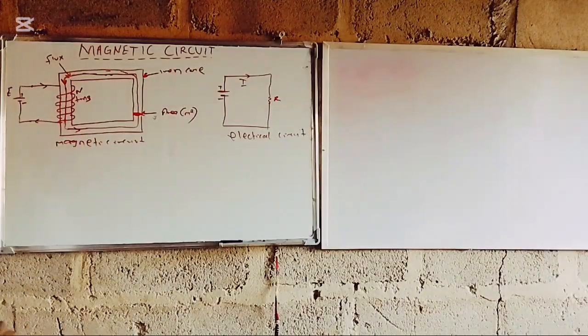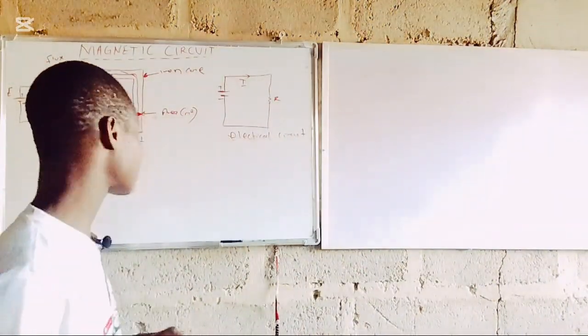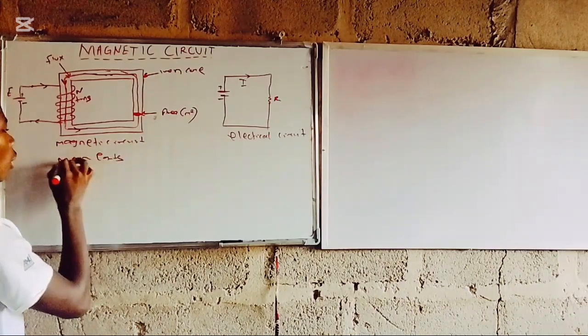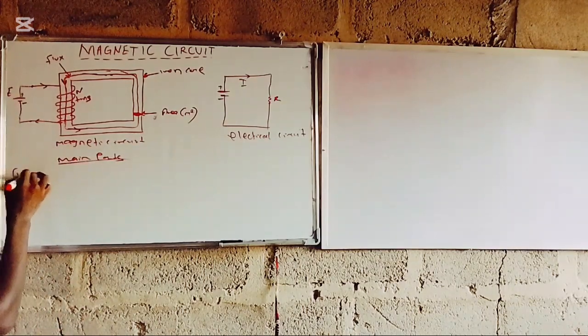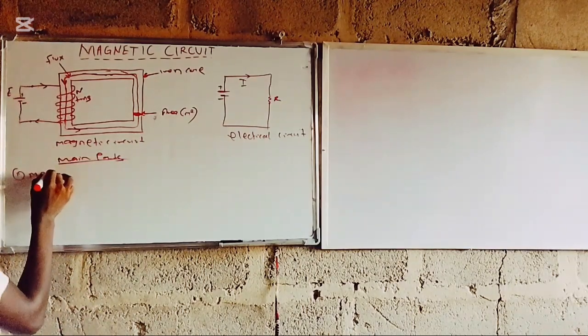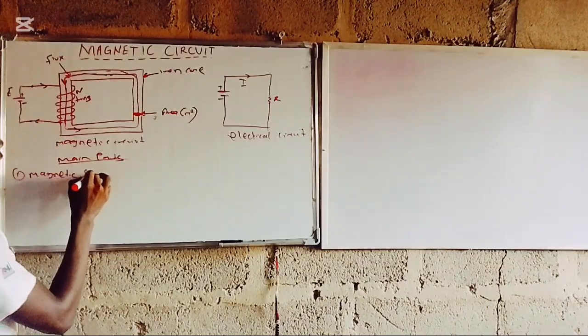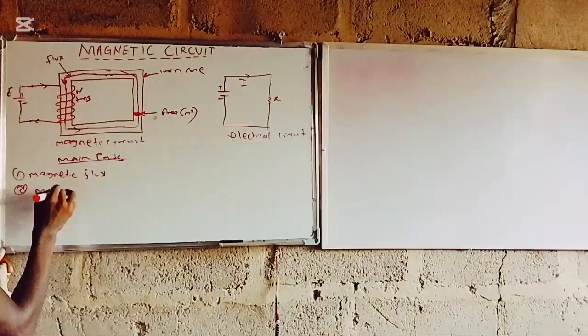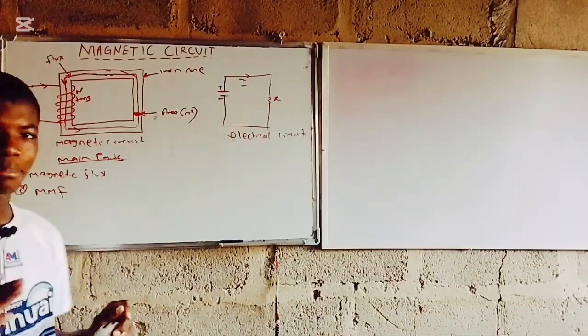A magnetic circuit has main parts. The main parts of a magnetic circuit are the magnetic flux and the MMF, which is the magnetomotive force.